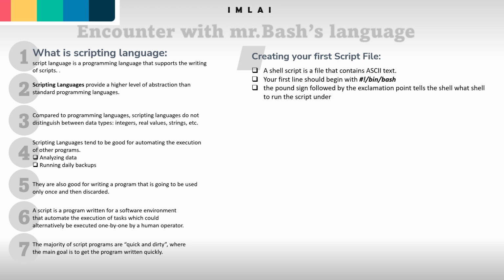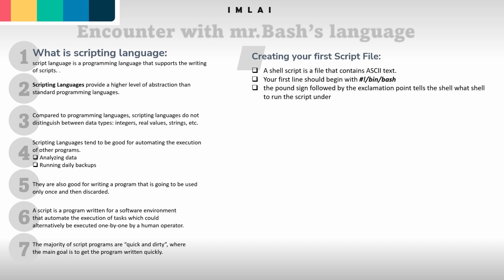In a normal shell script line, the pound sign is used as a comment line. A comment line in a shell script isn't processed by the shell. However, the first line of a shell script file is a special case, and the pound sign followed by the exclamation point tells the shell what shell to run the script under.